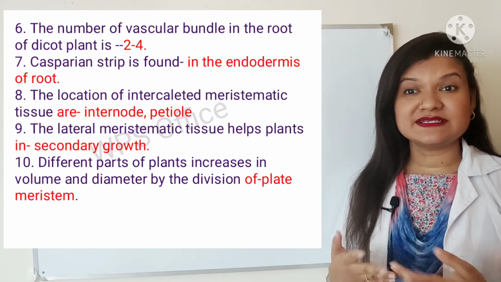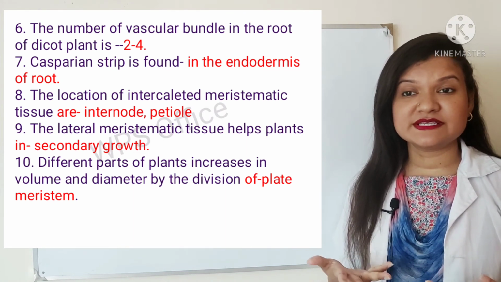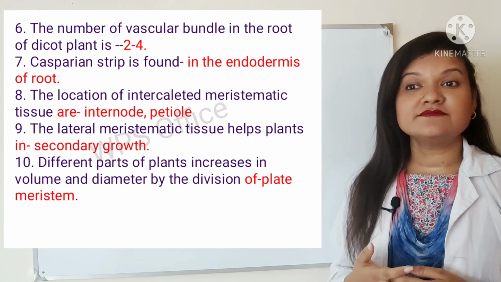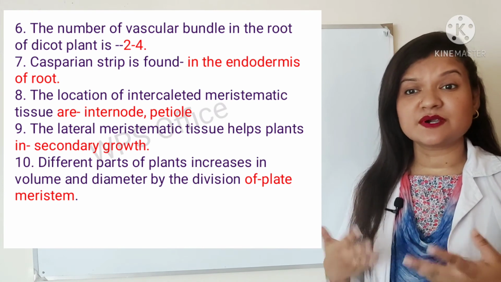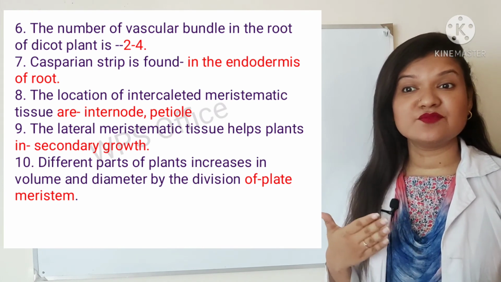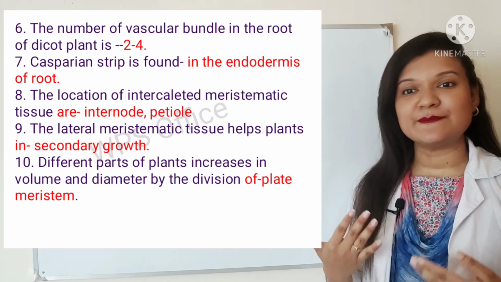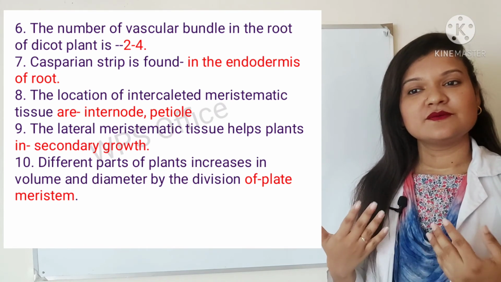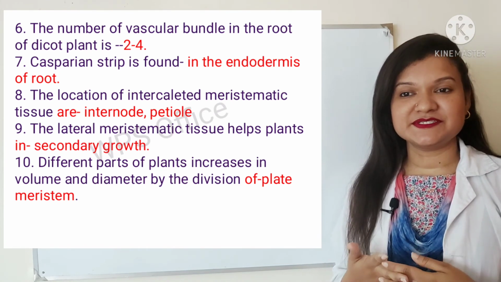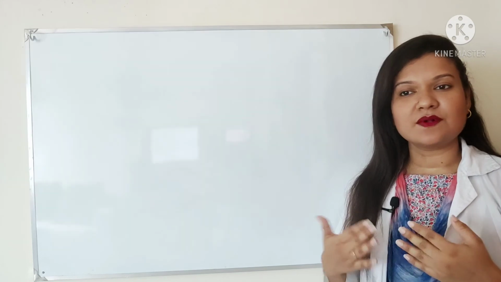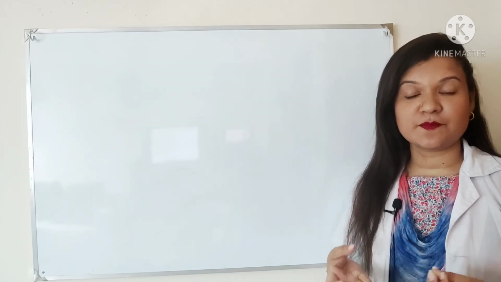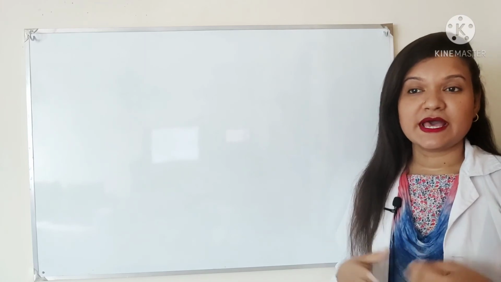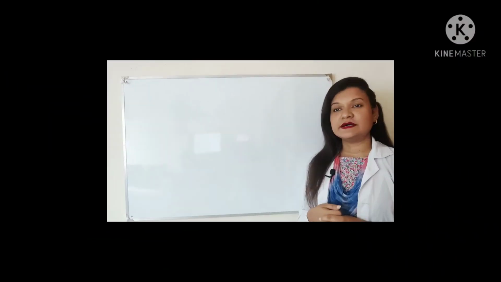Number 9, lateral meristematic tissue helps in what? It helps in secondary growth. Number 10, different parts of plants increase in volume and diameter by the division of what? Lateral meristem. So these are some important MCQs from these topics, like the monocot root and monocot stem.